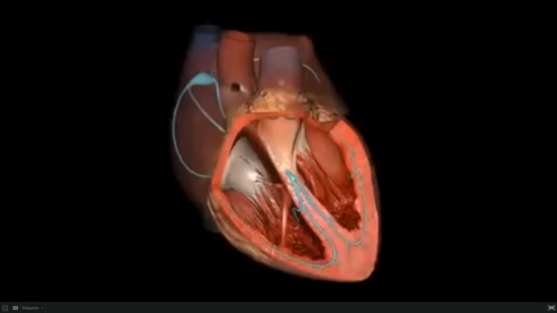From the right chamber, blood goes to the truncus pulmonaris, through the lung, and from the left chamber it goes into the aorta.